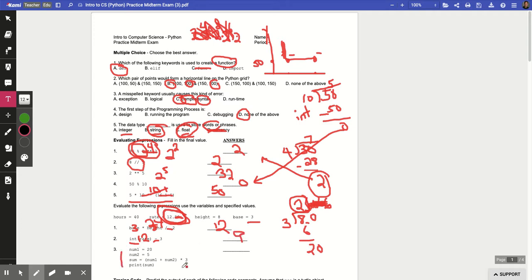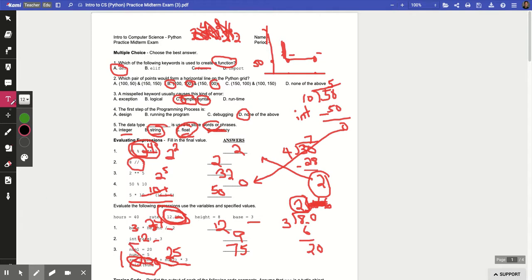This code segment that you must execute, that num1 is 20. Num2 is 5. According to the order of operations, in parentheses, 20 plus 5 is 25, and 25 times that 3 puts a 75 into the variable sum, and we're asked to print sum here. If you can read behind my writing, we're printing 75.